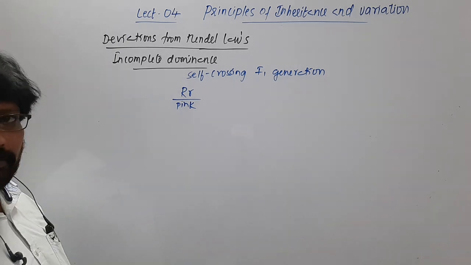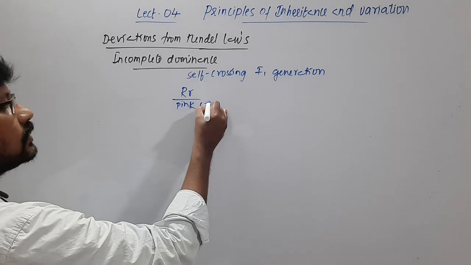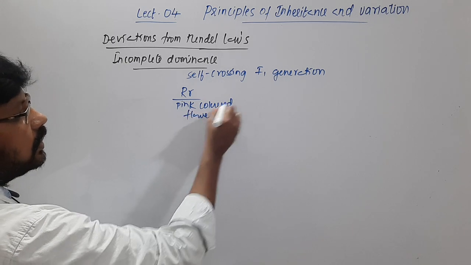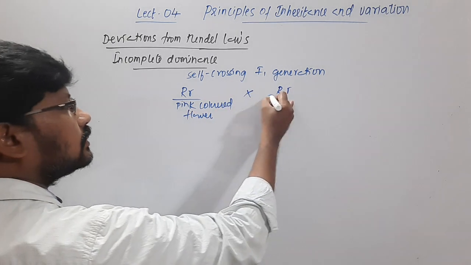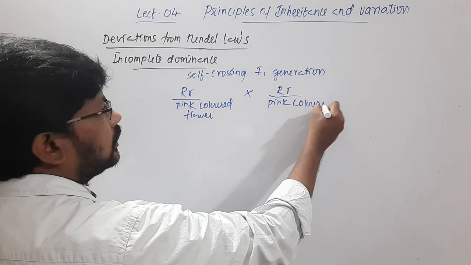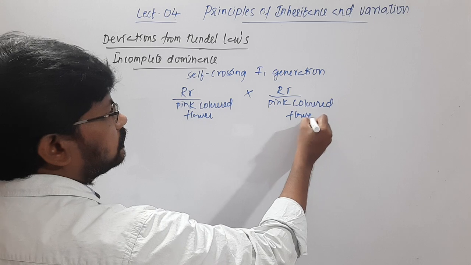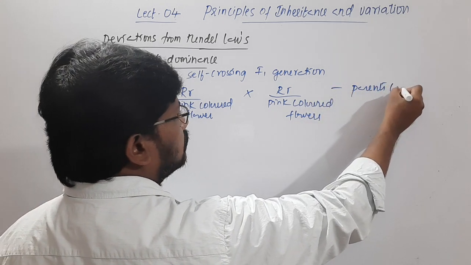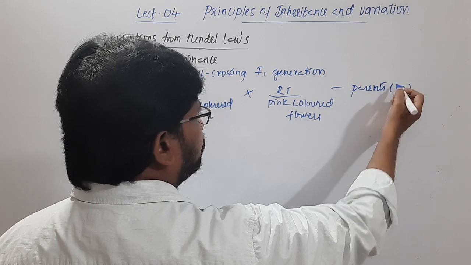So plants having pink colored flowers, and again plants having pink colored flowers. So these are the parents, 2n.